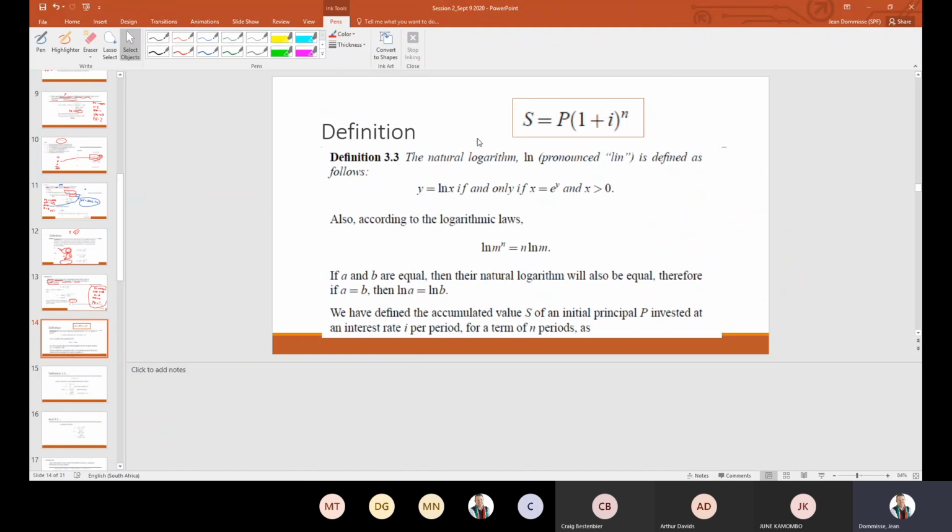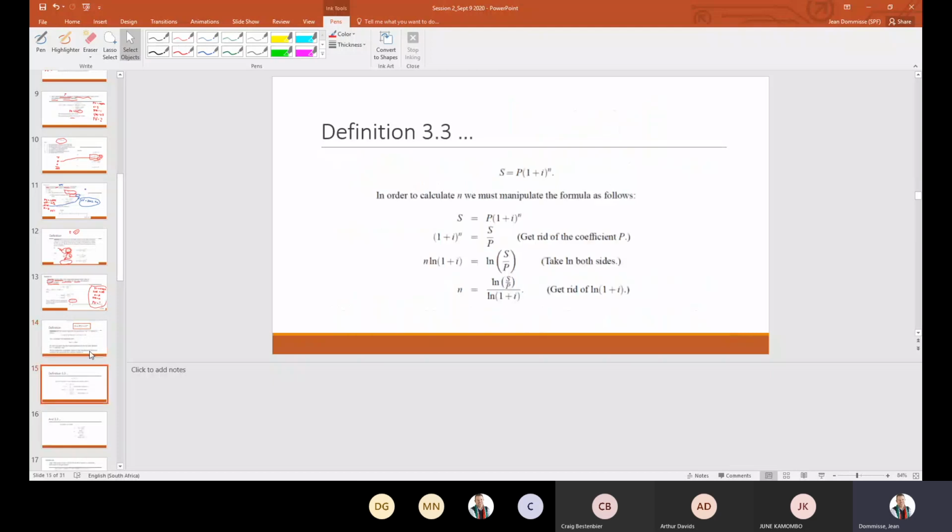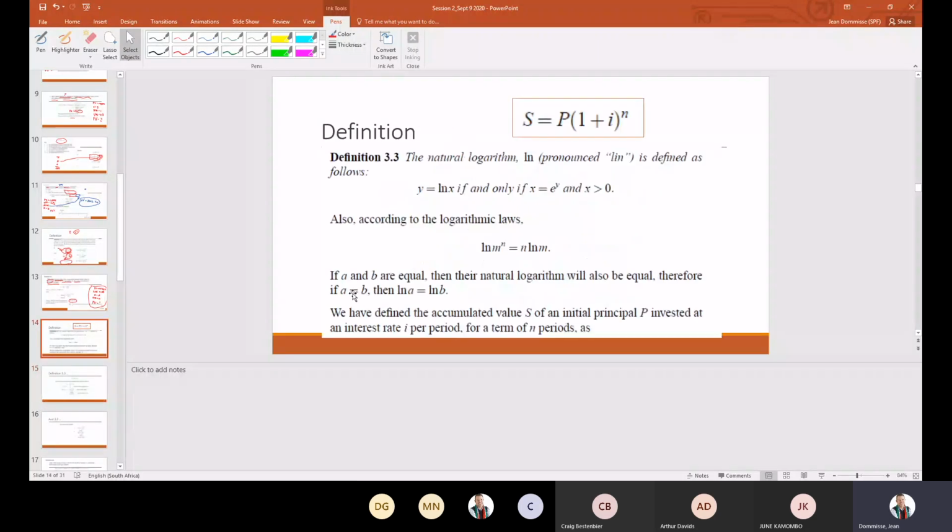What this definition is trying to tell us is that the easy ones are normally the ones where they tell us you've got an interest rate, a period and a present value, work out the future value.